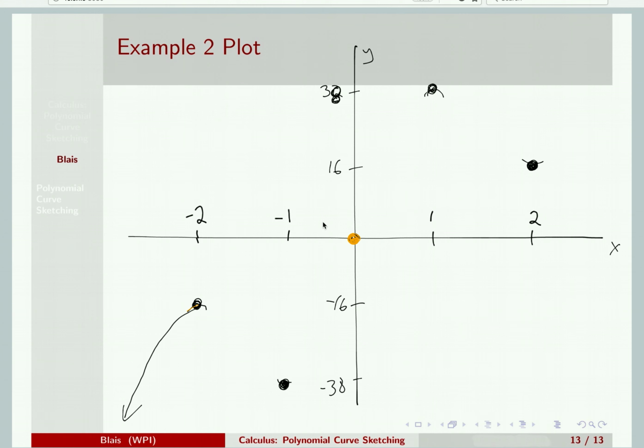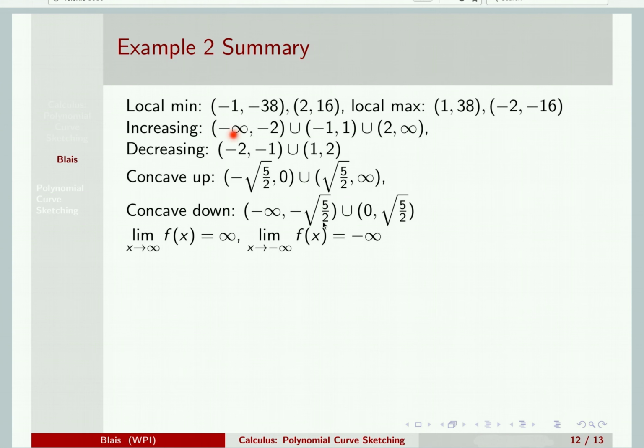Similarly, we saw that the function blows up to positive infinity as x goes to infinity. So we know we're going up this way. And this is, of course, consistent with our increasing, decreasing information. So we were increasing from negative infinity to minus 2, and also from 2 to infinity, which is consistent with what we just drew. We're also increasing from minus 1 to 1.